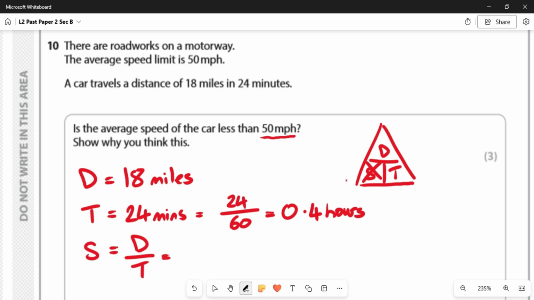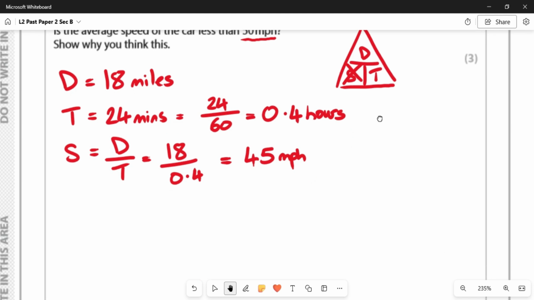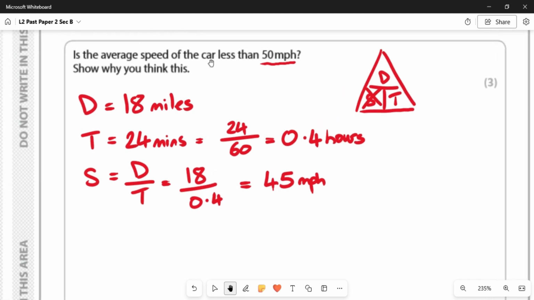Now I can do 18 divided by 0.4, and that gives me exactly 45 miles per hour. So if you don't get 45 for your answer, you've gone wrong somewhere. Is the average speed of the car less than 50 miles per hour? Yeah, 45 is less than 50. So, yes.